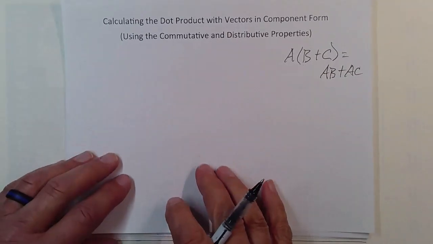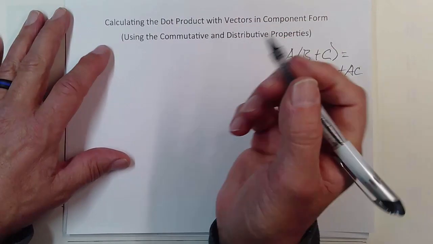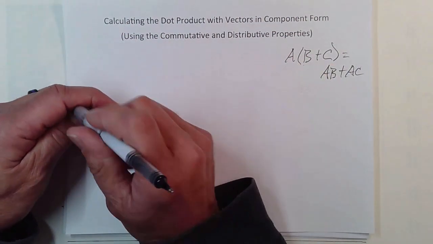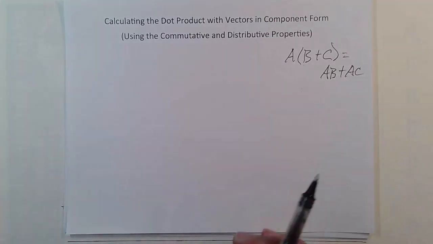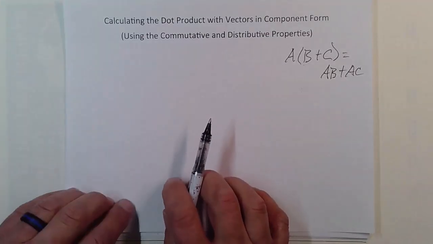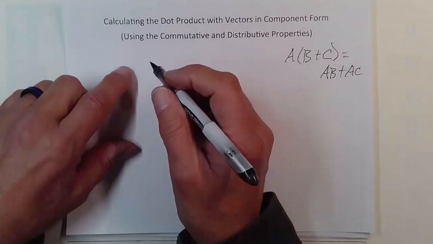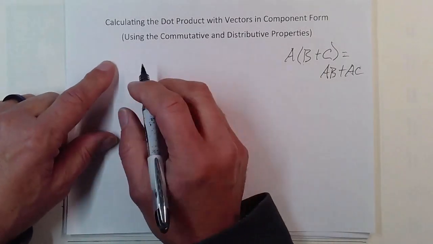So let's take a couple of vectors and write them in component form. I guess I could do it for a three-dimensional vector once, and then we'll stick with two-dimensional after this.